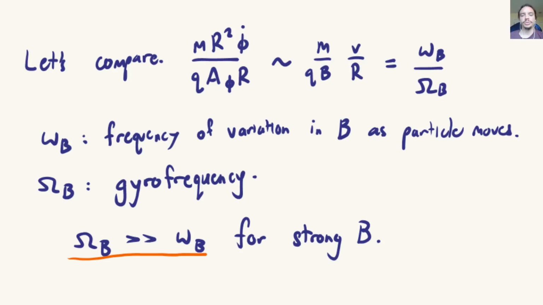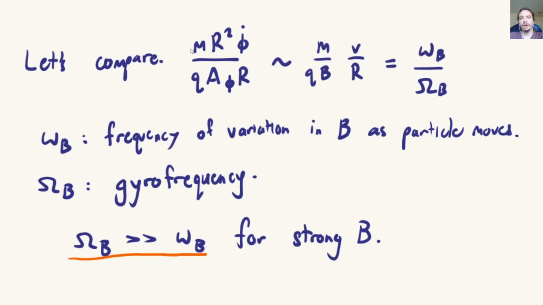And we know that as we pump the magnetic field up to be really, really strong, the particle is spinning around those magnetic field lines, curling around the gyro orbits a lot faster than it's going around the larger device. So this ω_b in the bottom is much, much bigger than the little ω_b in the top.